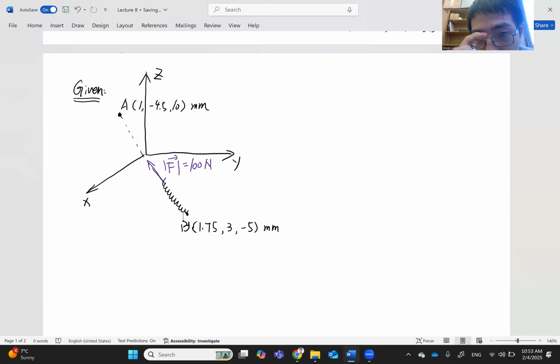Given this information, we are supposed to find the Cartesian format of the force vector.